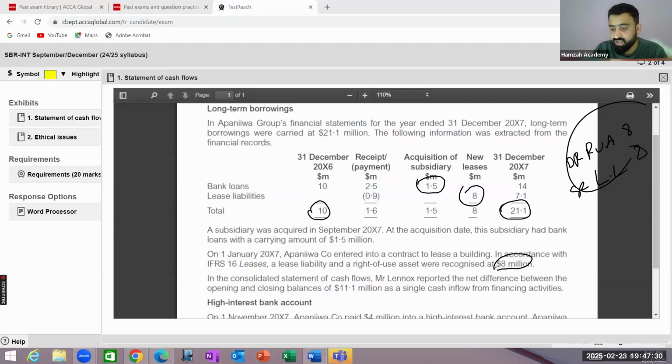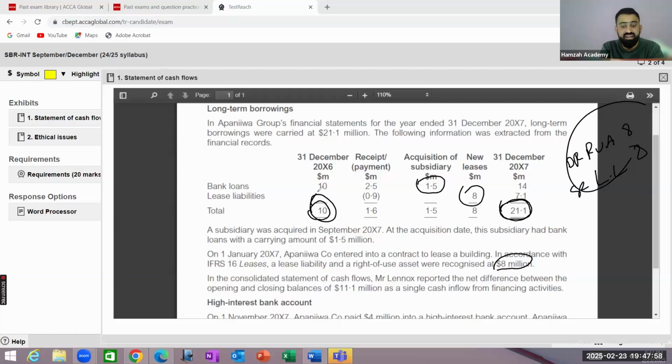What they have done is they just take the closing balance of 21.1 million and the opening balance of 10 million, and they show an increase in the long-term loan liability of 11.1 million, and they have shown it as a single cash inflow from a financing activity.